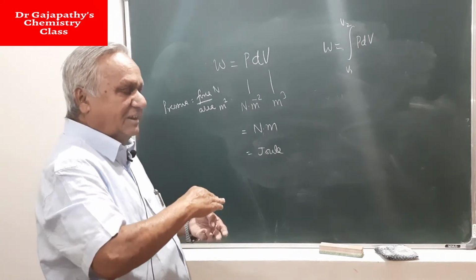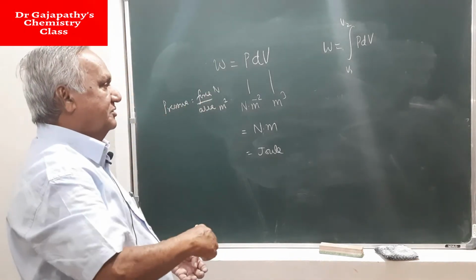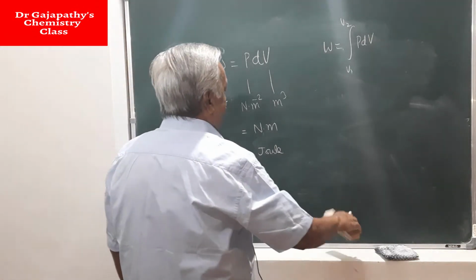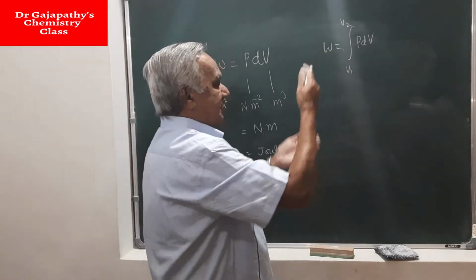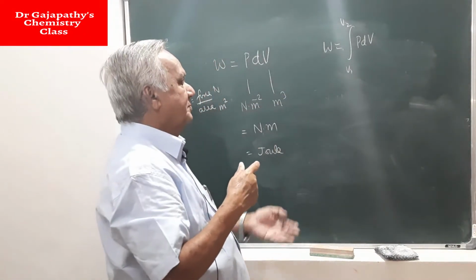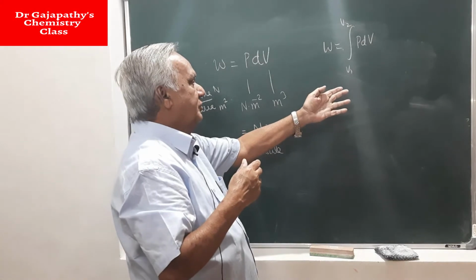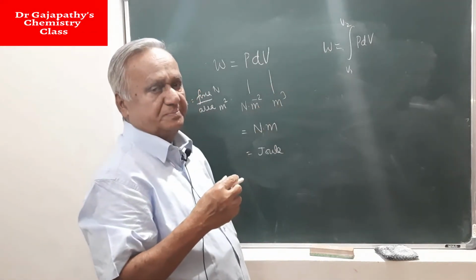If it takes place in a number of slow steps, then in each step I calculate PdV and add them up together. Integration is nothing but adding them up. So W is equal to the integral of PdV from a volume of V1 to V2.